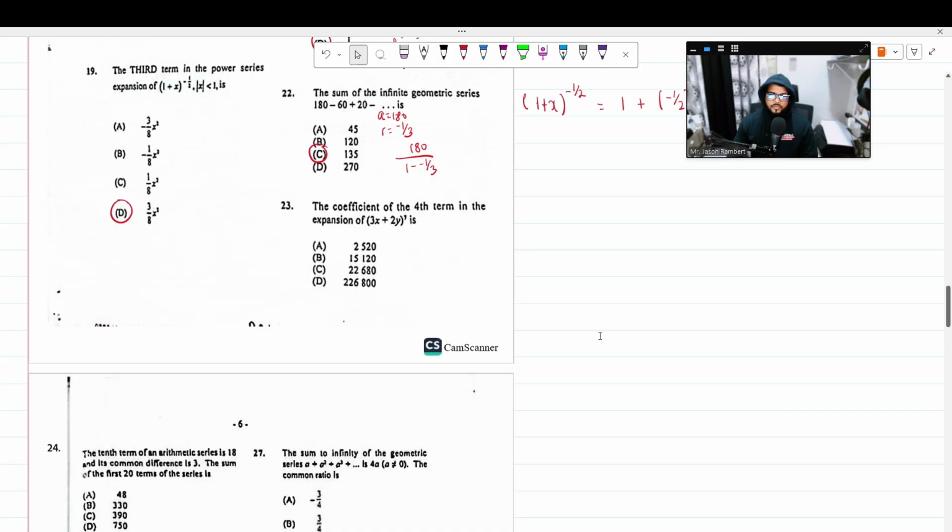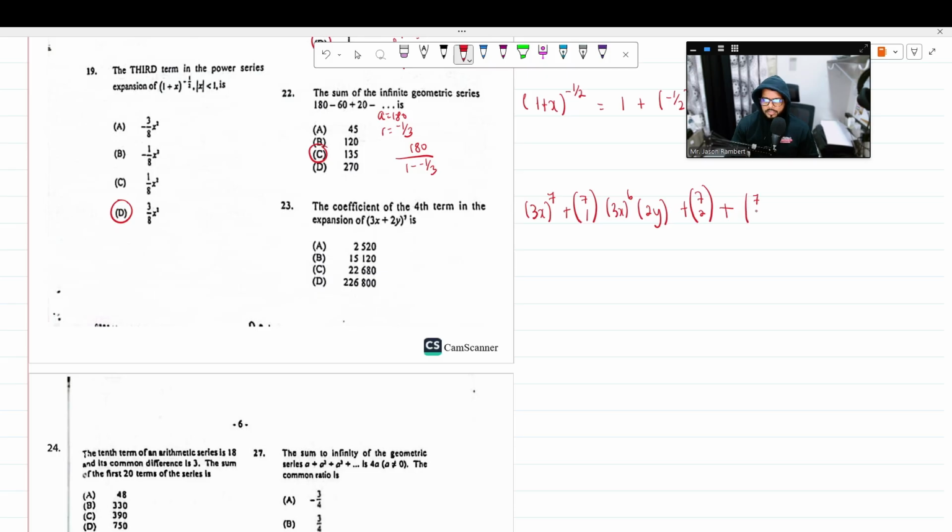The coefficient of the fourth term in the expansion is... Alright, so we're going to get the fourth term. First term is 3x to the power 7, plus 7c1 3x to the power 6, 2y to the power 1, plus 7c2. There's 1, 2, the third one.